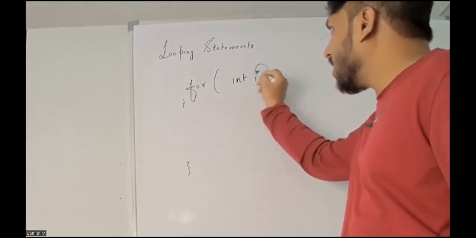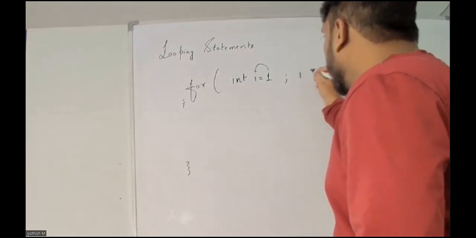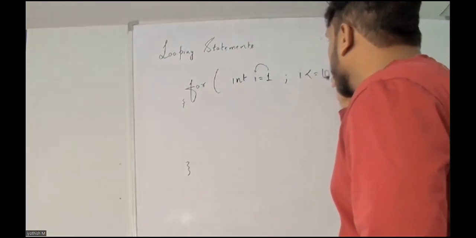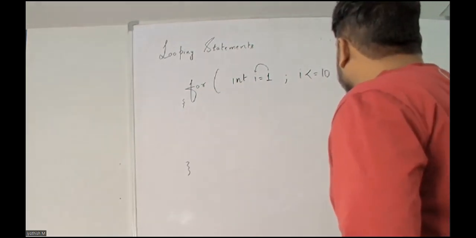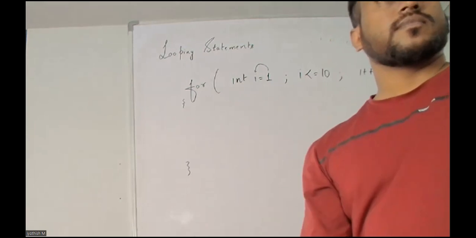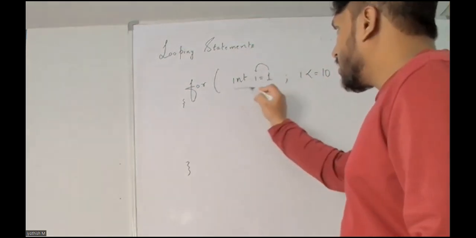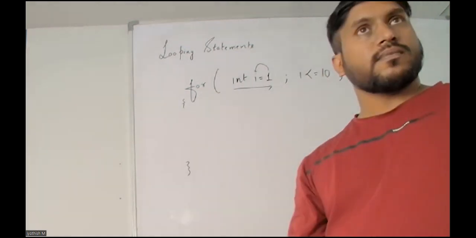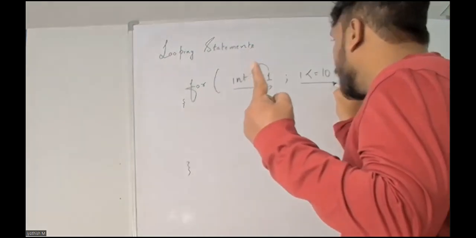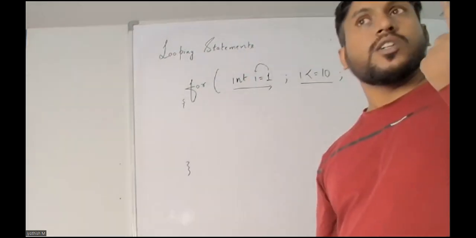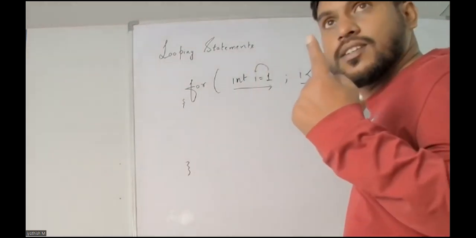I am initializing the i value to 1. And let the condition be i <= 10, then i++. Now what happens when it is initialized for the first time? The i value is 1. Is 1 less than or equal to 10 true or false? True.